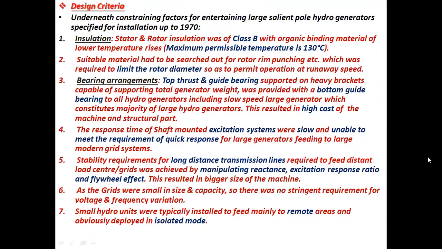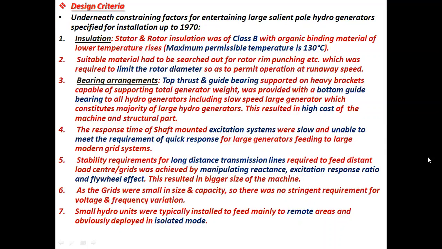Stator and rotor insulation was of class B with organic binding material of lower temperature rises, that is maximum permissible temperature is 130 degree centigrade. 2. Suitable material had to be searched out for rotor rim punching, etc., which was required to limit the rotor diameter so as to permit operation at runaway speed.